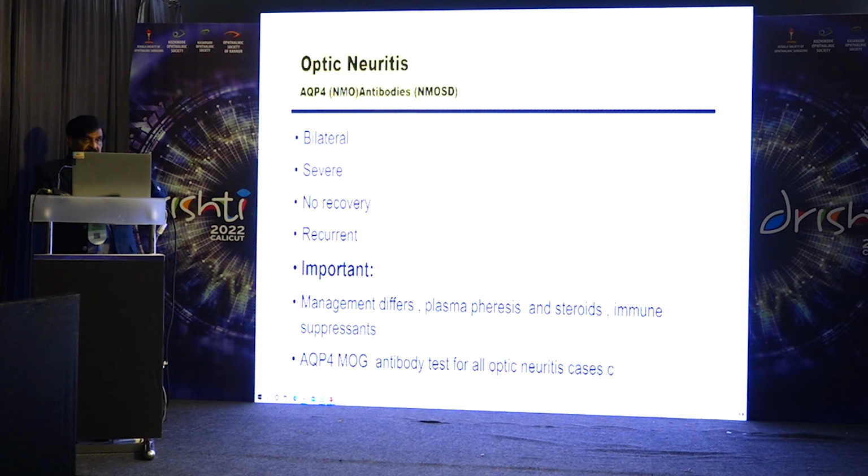In all patients with optic neuritis, you should take an AQP4 serological test. That is one important point, because the treatment may be different. These NMO patients should have a steroid course along with plasmapheresis, unlike the treatment given to MS-related optic neuropathy.